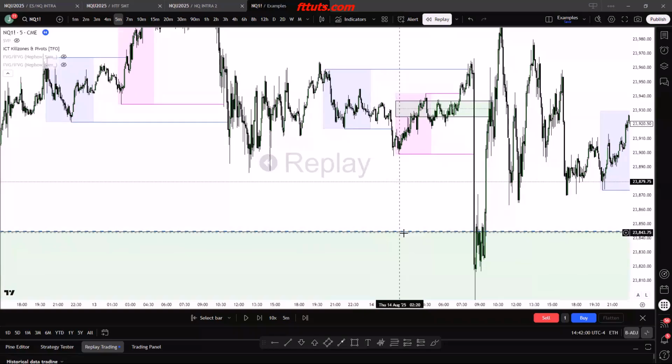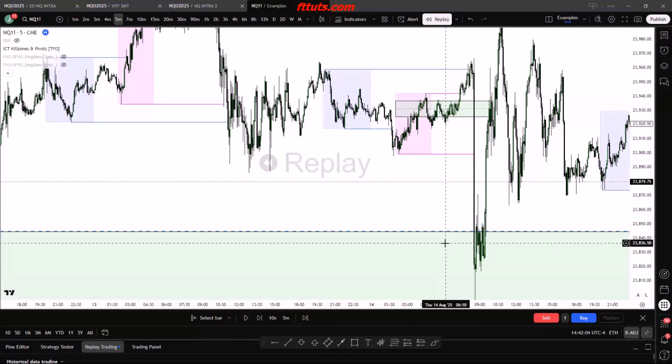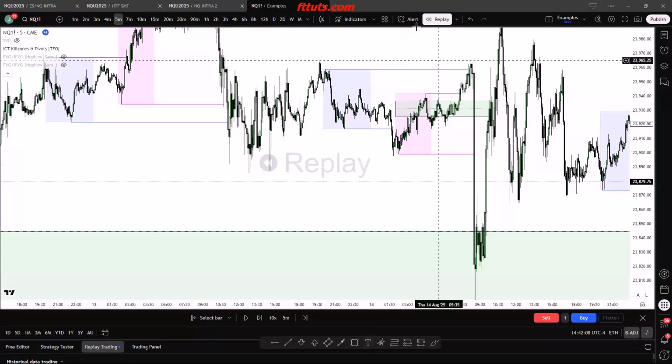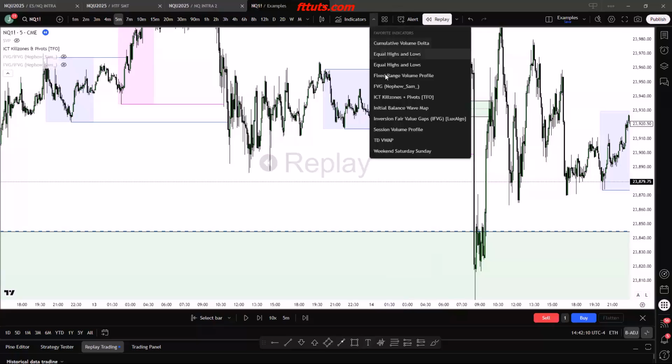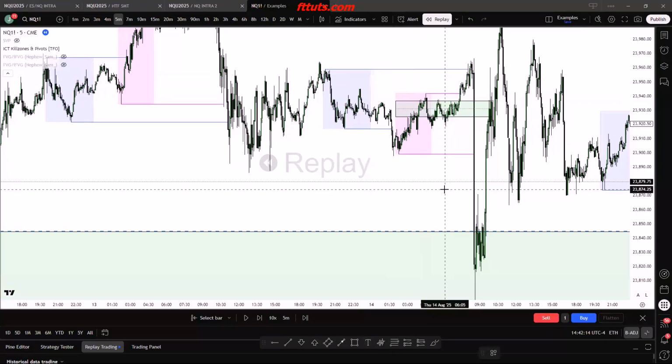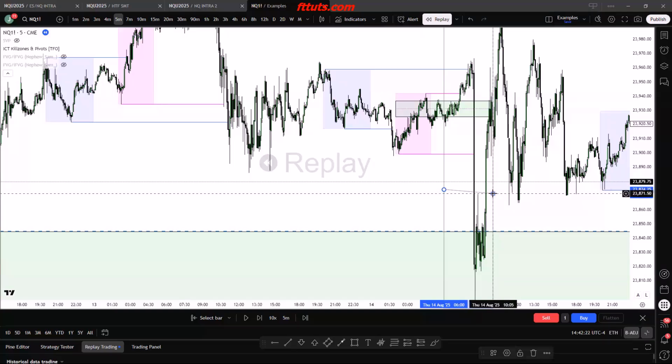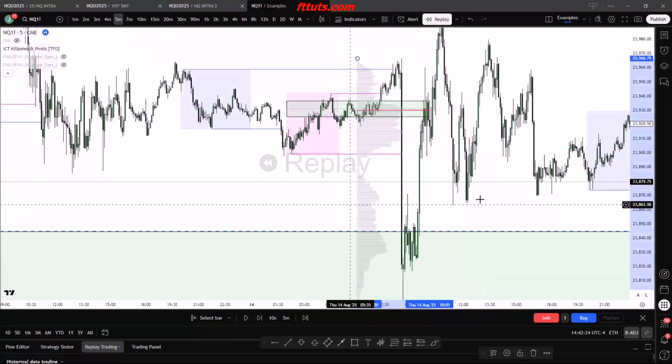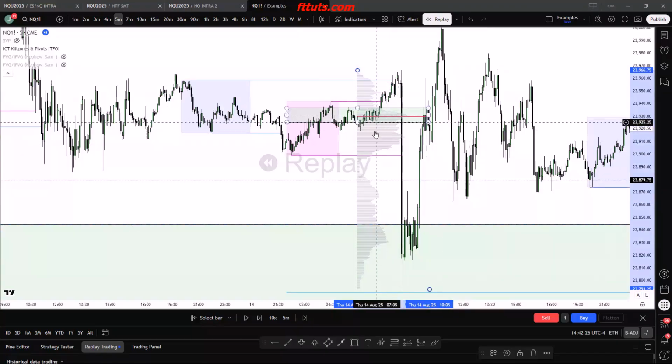Okay, so I think it was 6 to 10. So if I do a volume profile from the start of it to the end of it, most of the volume is right around the body.